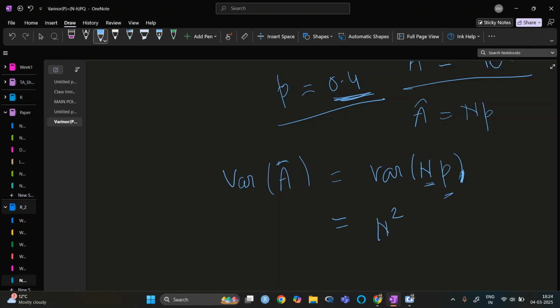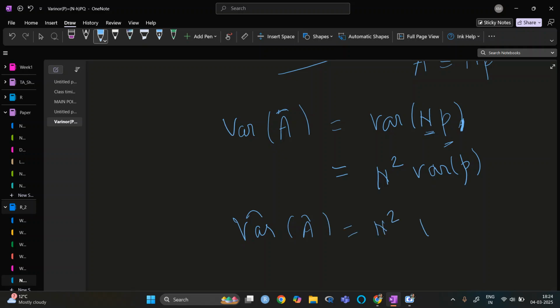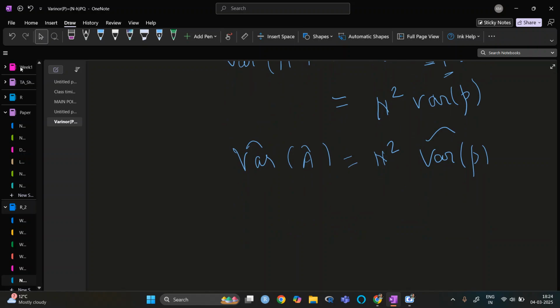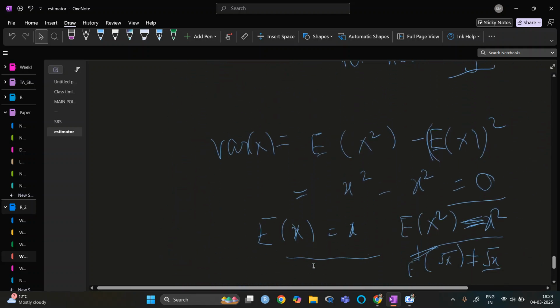As I have said, the variance of aX is a square times the variance of X if a is constant, so it will be n square times the variance of p, and for the estimate part, n square and the estimate of the variance of p. These are the things we have seen similarly in the time of population mean also.